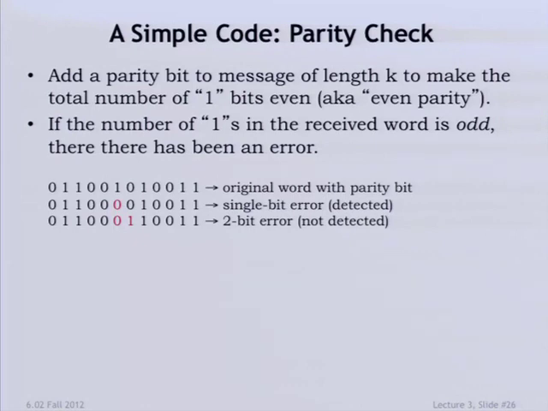Okay, so you can have a 2-bit error that ends up not being detected, but all single-bit errors will get detected. That again correlates with the fact that we said the minimum Hamming distance is 2. The number of errors you can detect is d minus 1. That's 1. And the number of errors you can correct is the floor of (d minus 1) divided by 2, and you can't correct any errors.